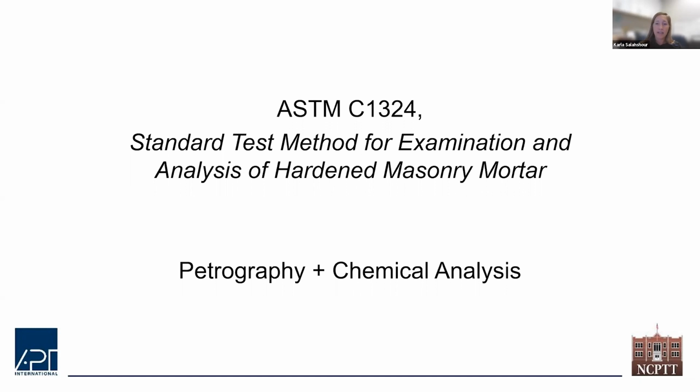I'm also finding that the information obtained from a petrographic examination is often sufficient for the project team, and that further chemical studies in C1324 really aren't needed. Regardless, I do want to go through the C1324 studies so you have some background on what can be done on mortars chemically.